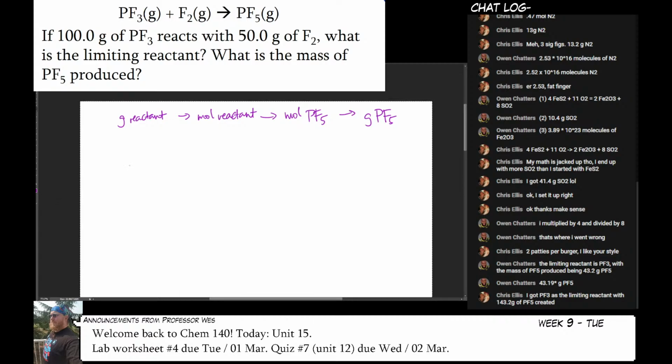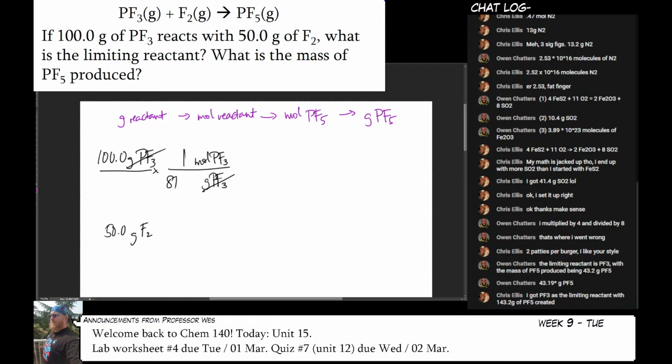So let's try this out. I have 100 grams PF3, and I have 50 grams of F2. How many grams are in a mole of PF3? I don't know. 87.97.